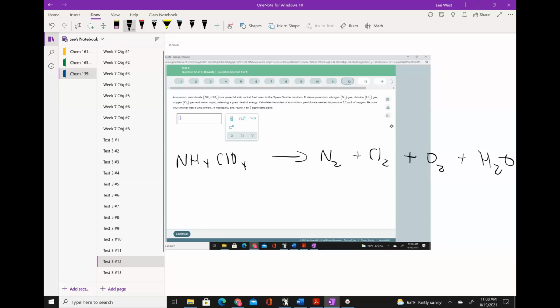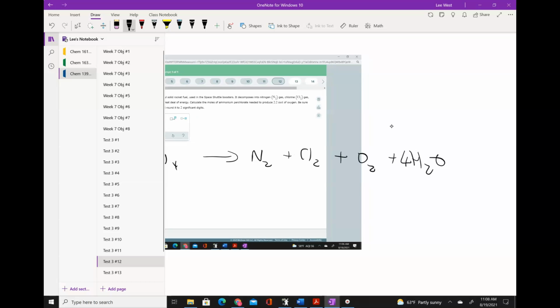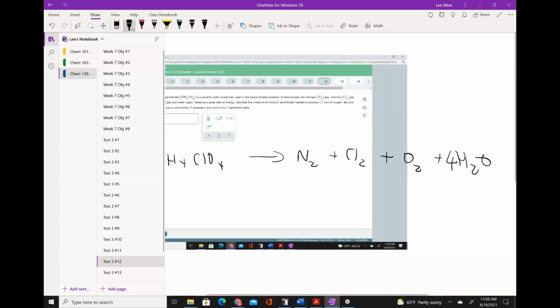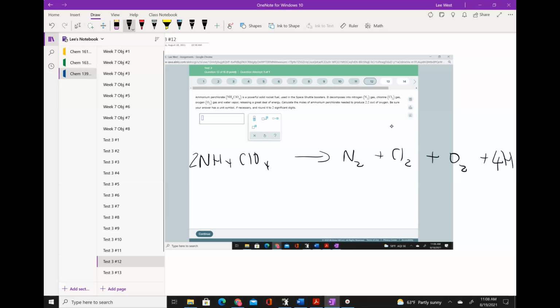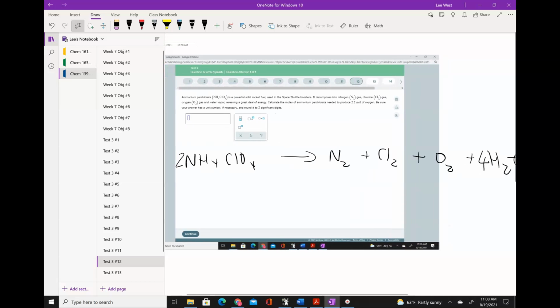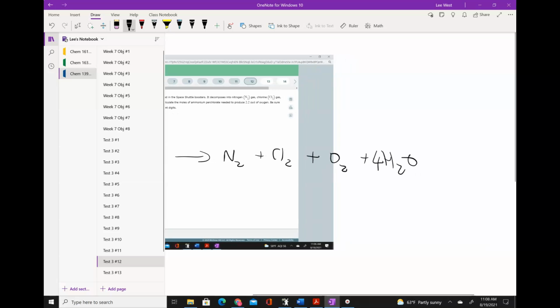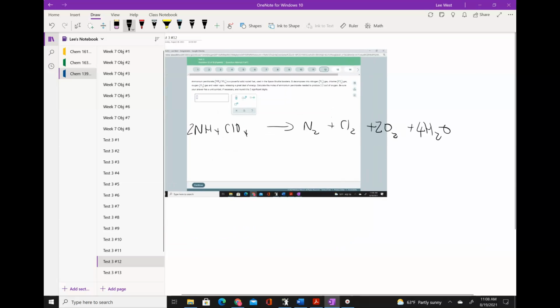We can see we need 2 nitrogens on the left. Then we need 8 hydrogens on the right, so we need 4 of those. We've got 2 chlorines on the left and 2 chlorines on the right, so chlorines look good. Finally we've got to get oxygens to work out. We have 8 oxygens on the left and we've got 4, so you'll put a 2 there and then everything should look good.